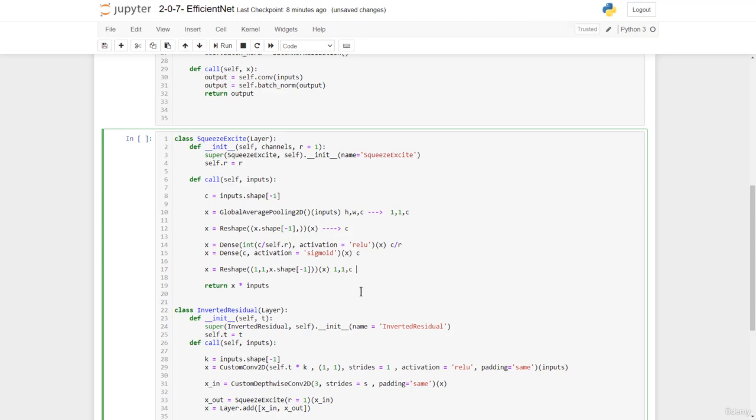tensor, such that we multiply it with x, or we multiply with the input, which is HWC.